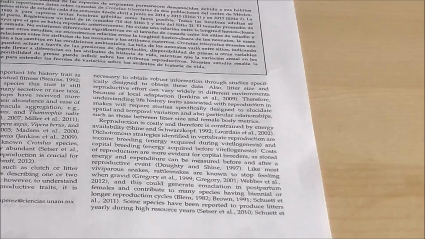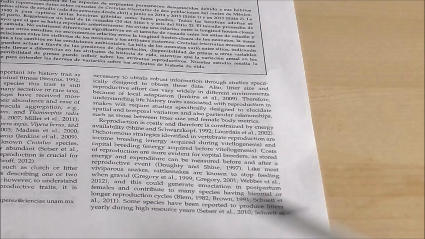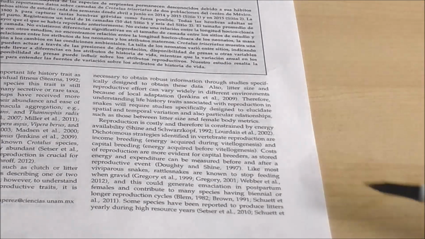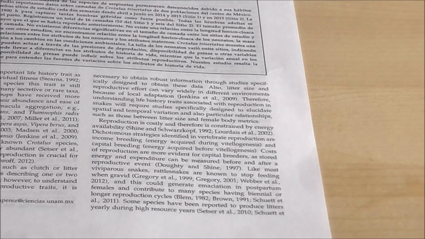As well as general ideas, sometimes we have very, very specific results from previous primary papers discussed in the introduction. For example, here, some species have been reported to produce litters yearly during high resource years. And again, the references are given from where those results were taken.